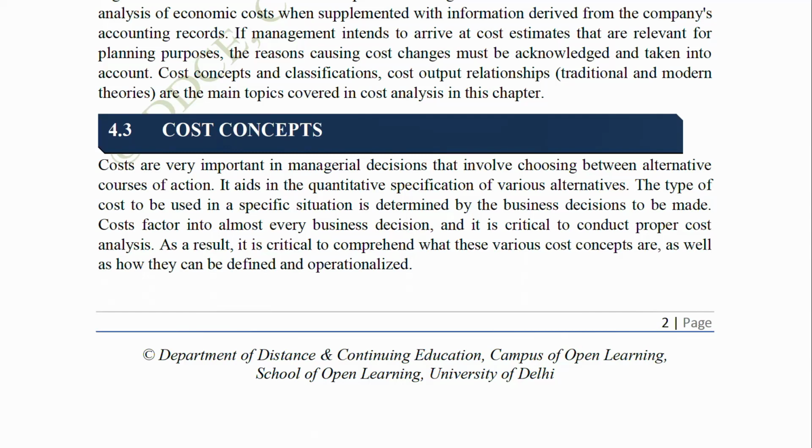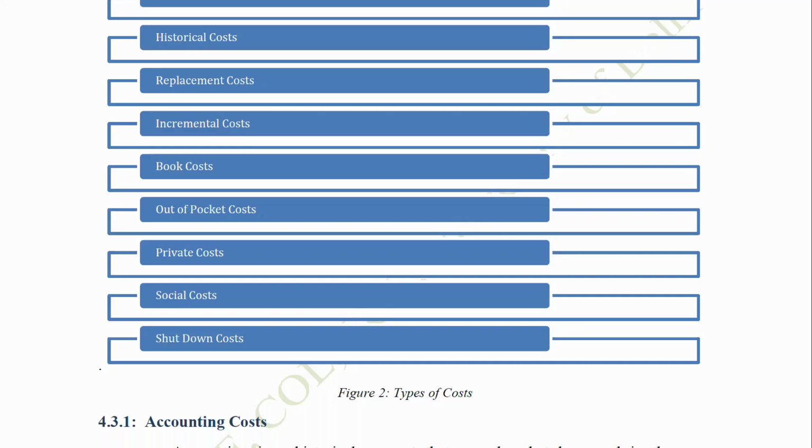Costs factor into almost every decision, and it is critical to conduct proper cost analysis. As a result, it is crucial to comprehend what these various cost concepts are, as well as how they can be defined and operationalized. Figure 1 shows the types of cost.